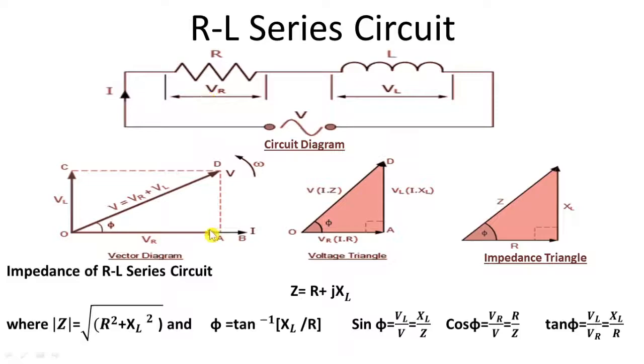Now see, this is the voltage across the inductor, VL. As the voltage across the inductor leads the current by 90 degrees, VL is shown here.